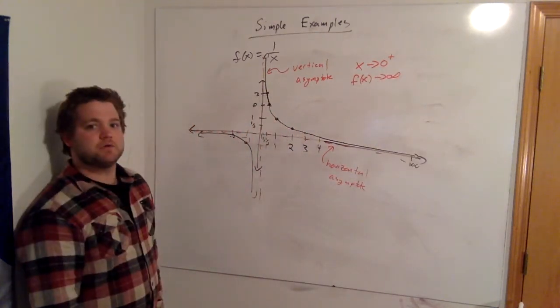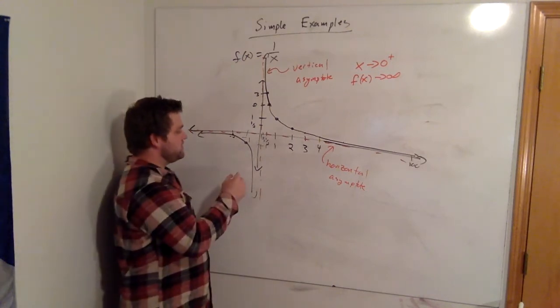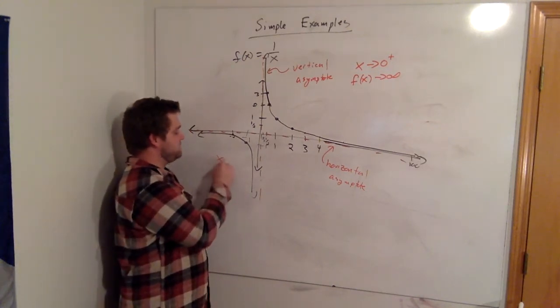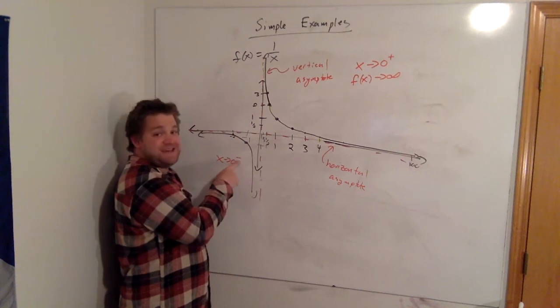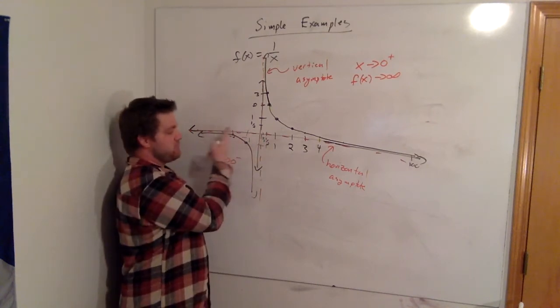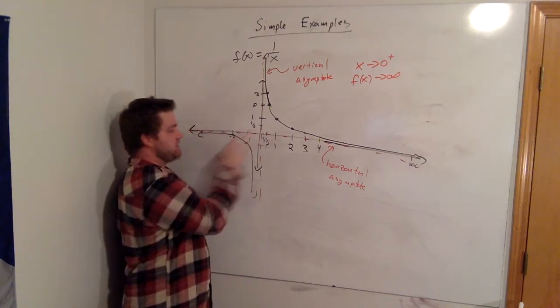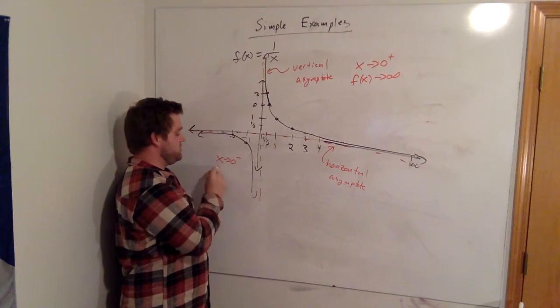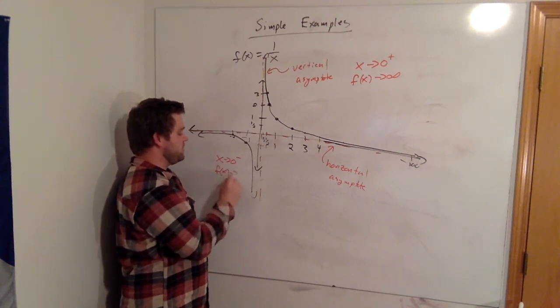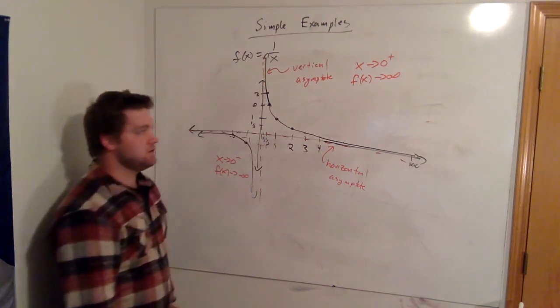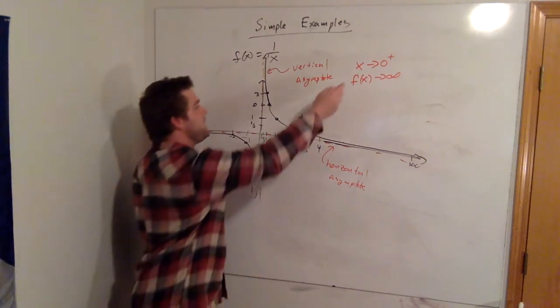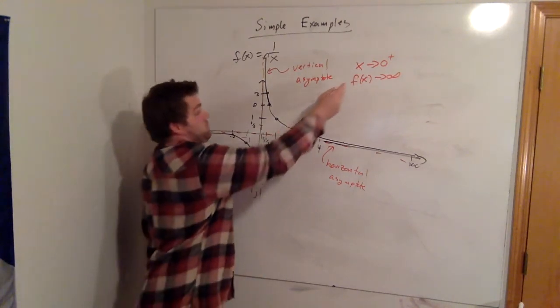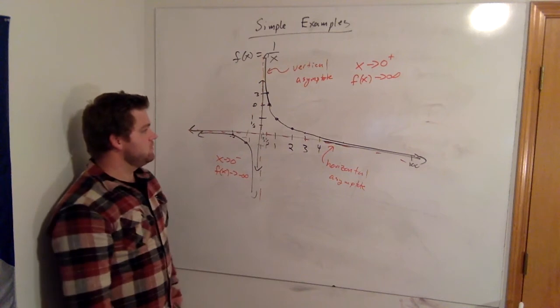It's blowing up. Similarly over here, I could say as x goes to 0 from the negative side, from the left, as I'm honing in on 0 from the negative side, the outputs of my function are getting closer to negative infinity. Here I'm describing the vertical asymptote.